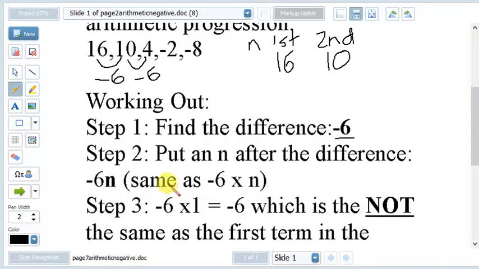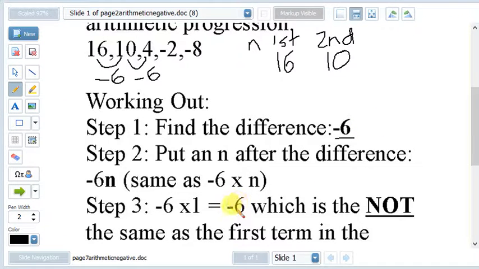Step 3, we times -6 by 1, and we get -6. Now we choose n equals 1 because it's the easiest one to do. We can also choose n equals 2, etc. So I've chosen n equals 1 and substituted it into -6n. So -6 times 1 is -6.